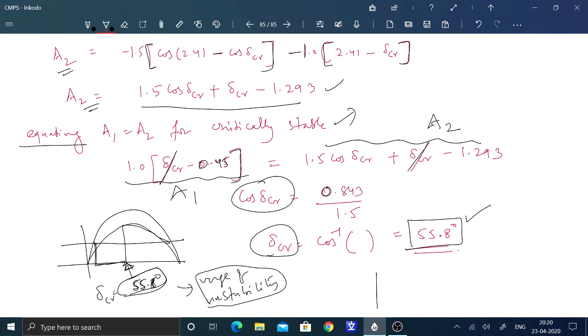If it is removed before 55.8 degrees, the system will always be stable. If the fault is cleared after 55.8 degrees, the system will go to an unstable condition. So this is called the critical clearing angle, and it indicates the system's transient stability condition.